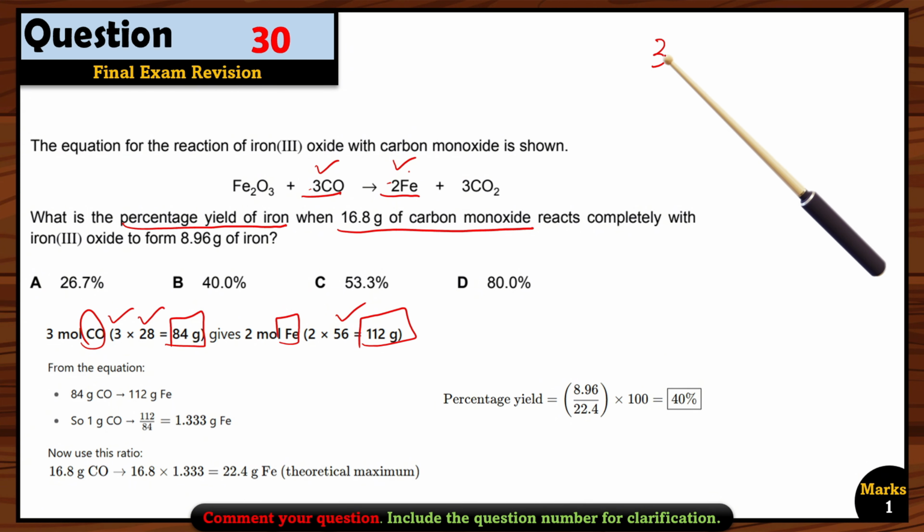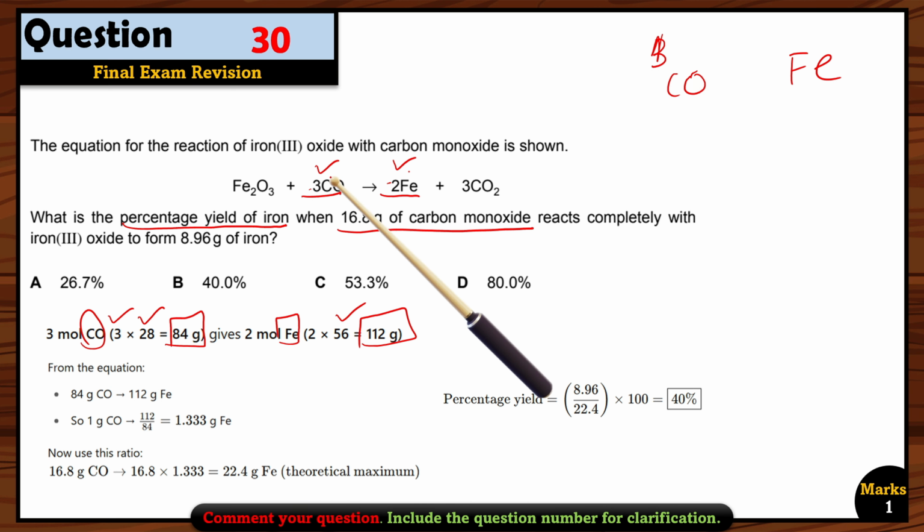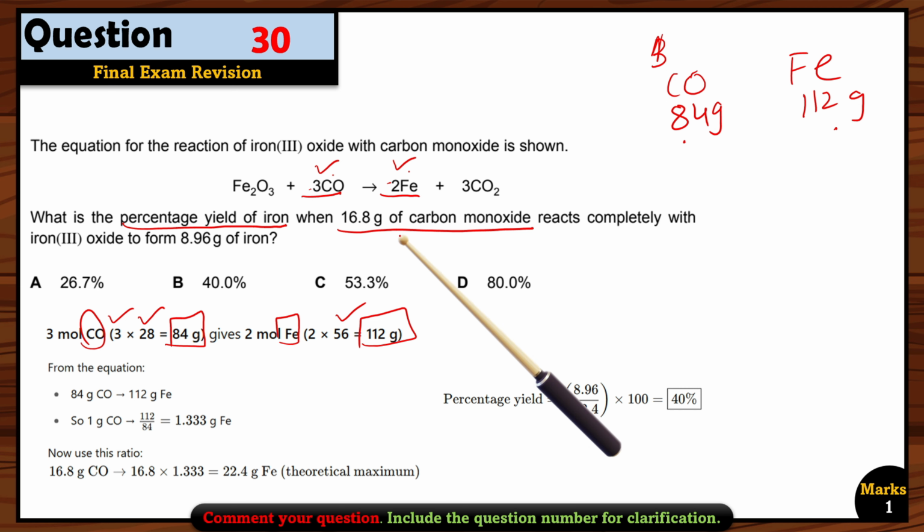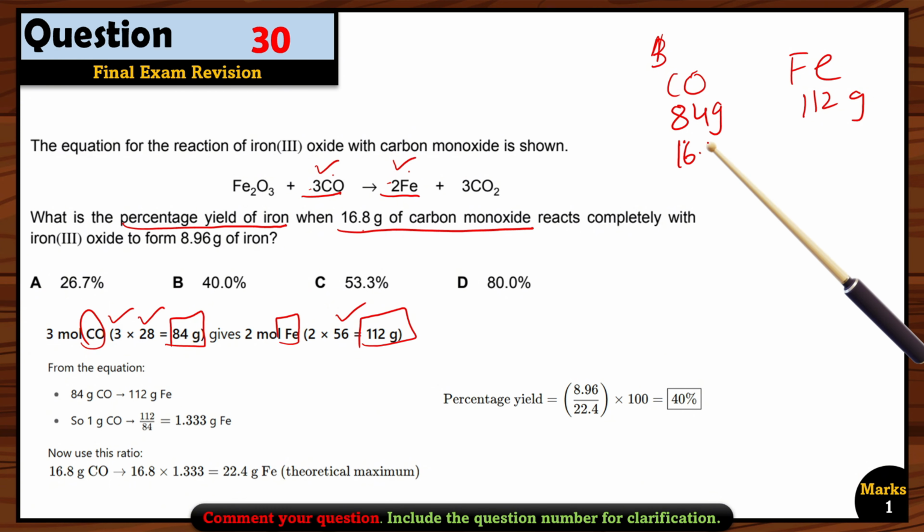So this will be the mass of iron now. So if you see, this is carbon monoxide and this is your iron. What is the mass of carbon monoxide we get for 3 moles? It is 84 gram. And what is the mass of iron? 112 grams. So it means 84 gram is producing 112 gram. So how much will we get from 16.8 gram?